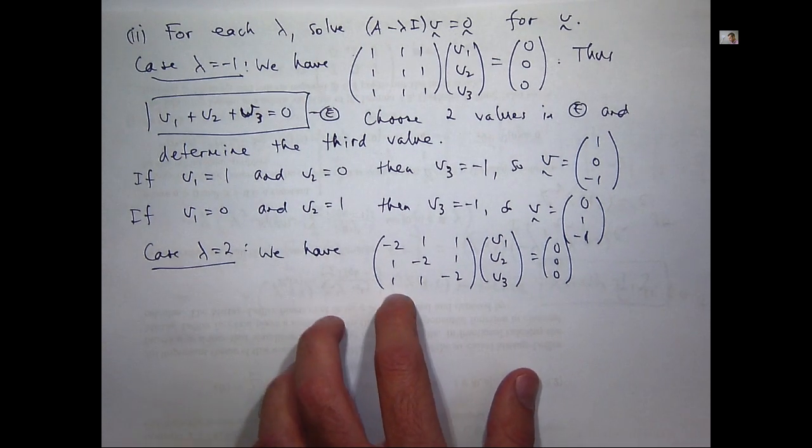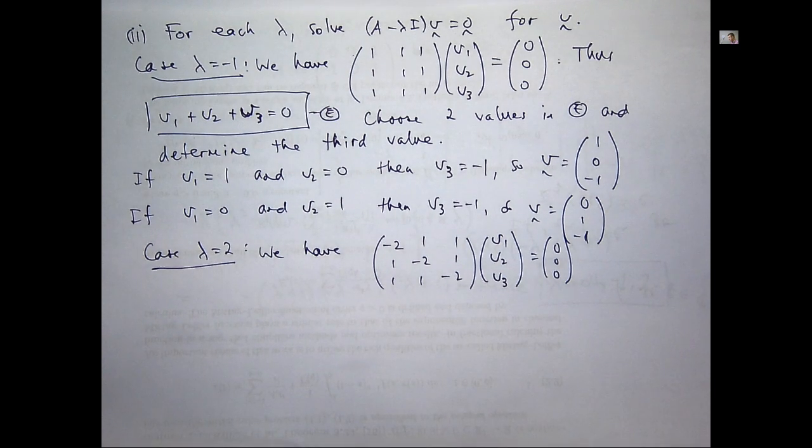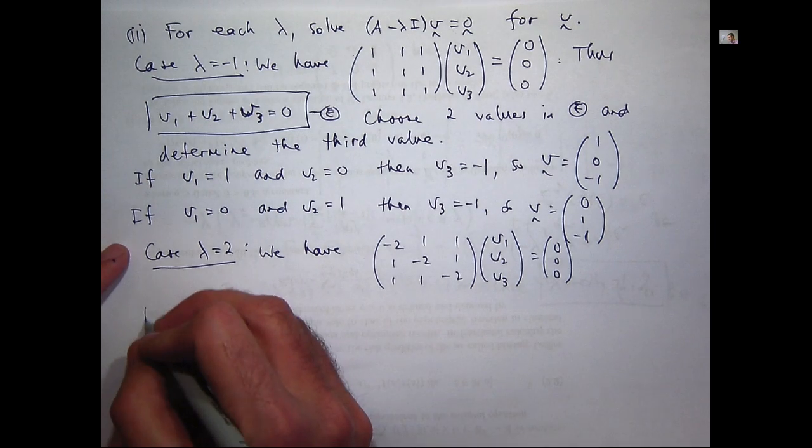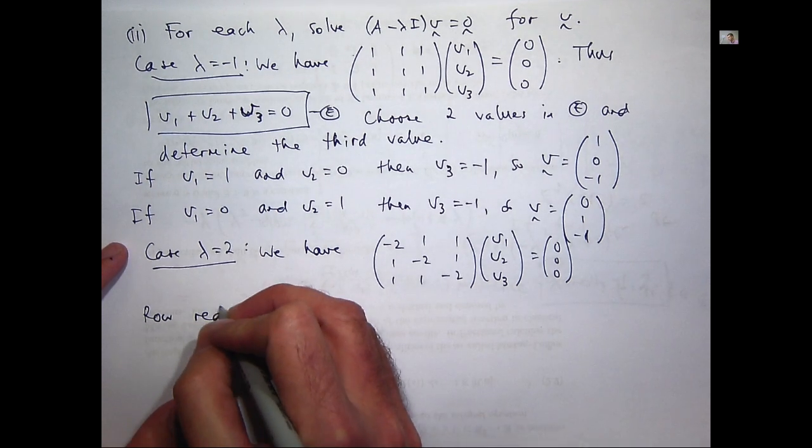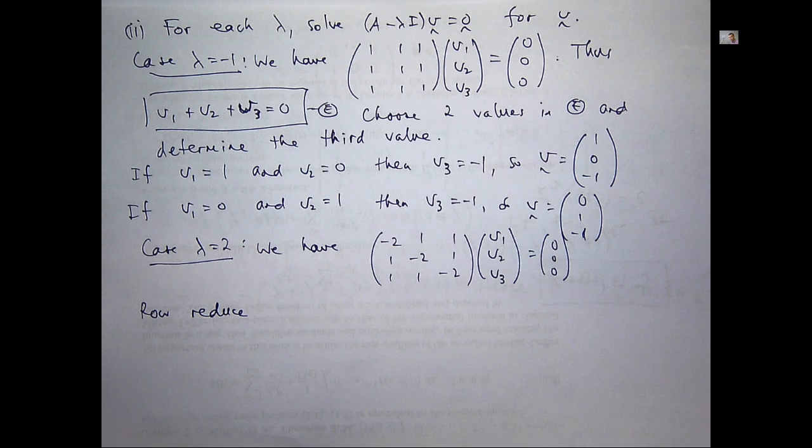So I look at this and I go, well, it doesn't seem like that's an easy system where I can just look at it and go, oh, okay, I can choose V1 to be this or V2 to be that. So what I'm going to do on this one is actually do a bit of row reduction. Now remember with matrices and systems of equations, you can add multiples of rows together and take them away from each other and whatnot to simplify.